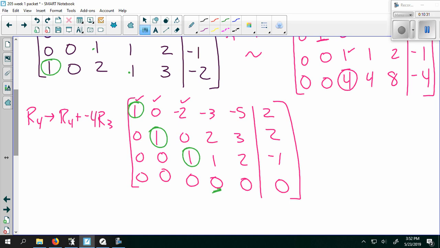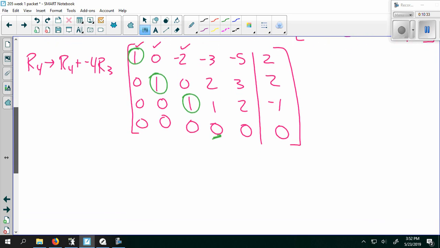It's all zeros. So my next step is to work backwards from right to left, and I want to eliminate everything above the pivots. So in column 3, I have a pivot, so I want to eliminate everything above it. I want to eliminate that -2. So row 1 needs to change. It's going to become row 1 plus 2 row 3.